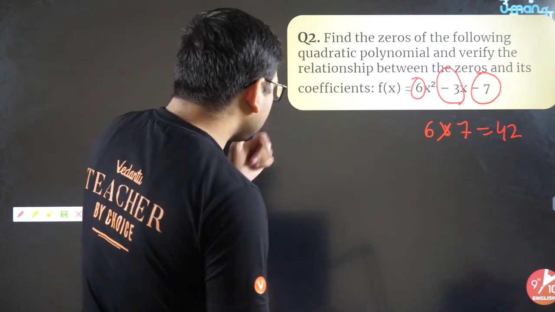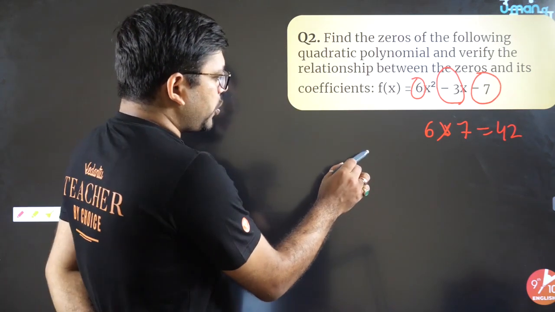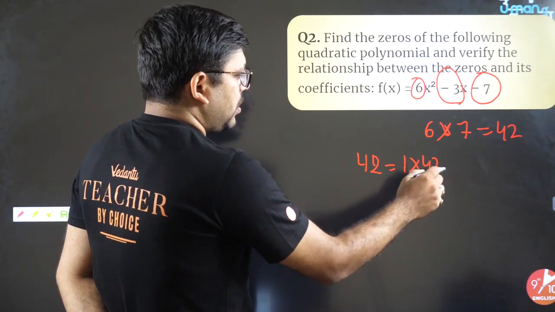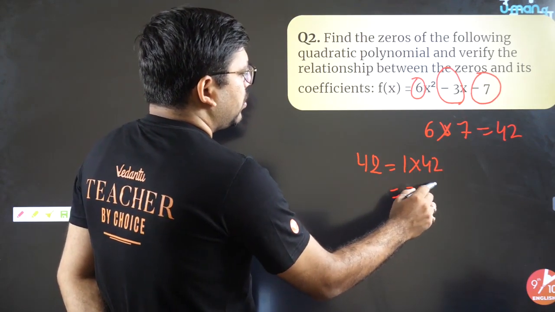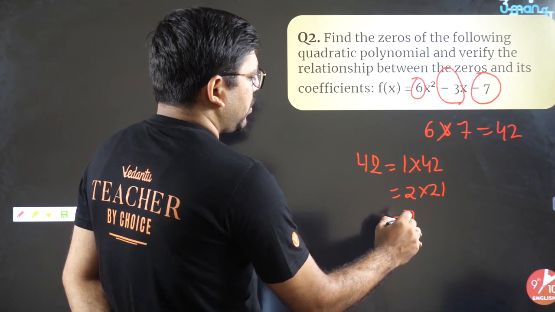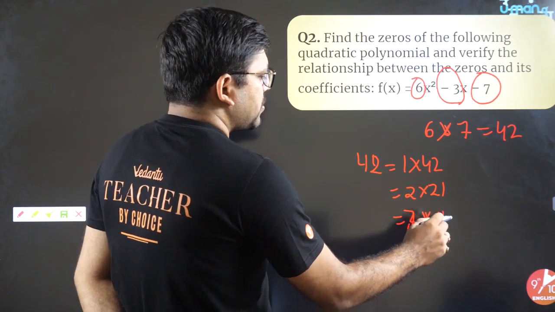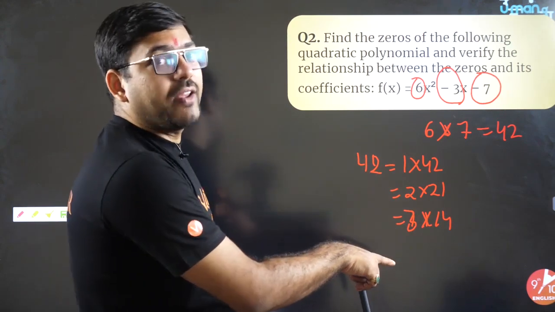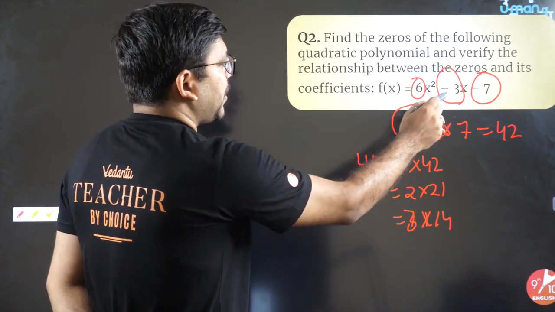Let's see. So if I talk about 42, please pay attention. 42 can be written as 1 into 42 or 2 into 21 or 3 into 14 and many other possibilities are there. But will any one of these give you minus 3?